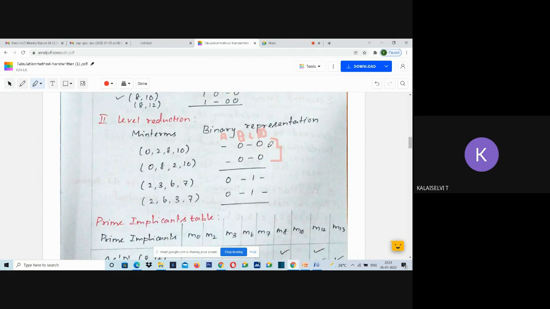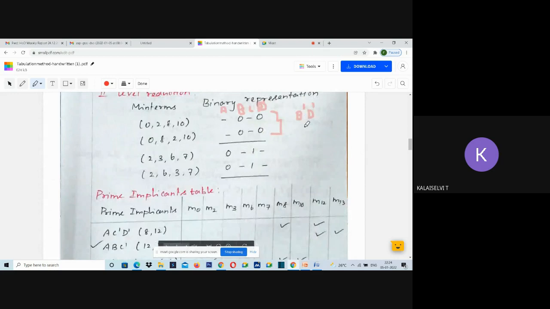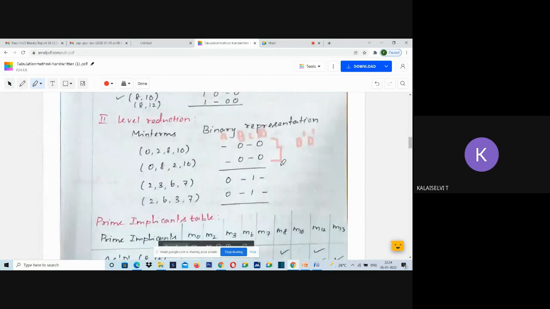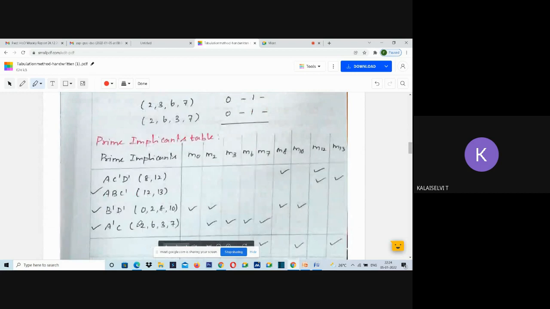So if it is represented as 0, we can write it as B dash, and for the D column it is D dash, right? And this can be considered only once. So B dash D dash is written here, along with the minterm group. And the next one, 2 3 6 7, is A dash C. So A dash C is written here with the minterm combinations.